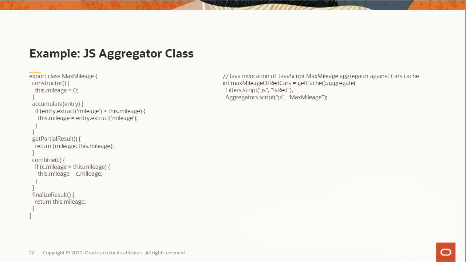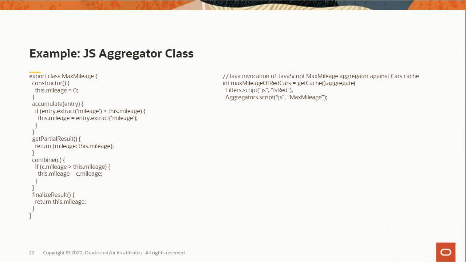Here is a JavaScript aggregator, and as you saw earlier, our aggregation functionality is essentially MapReduce. It's two-phase. In the contract of an aggregator, in the first phase, this accumulate method is called with each cache entry in a given cache server or partition that's targeted. And in the reduce phase, this combine method is called with the results from all the different cache servers, and finally the finalized result is called.